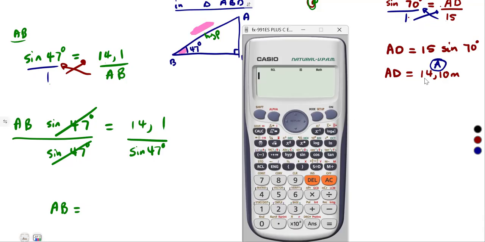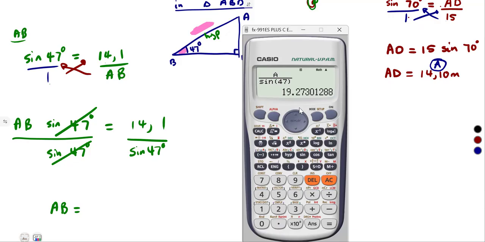In our case, our answer is in A. So recall A, over sine 47. Let me put the fraction like this, then recall A over the sine of 47. It is going to give us the same thing.